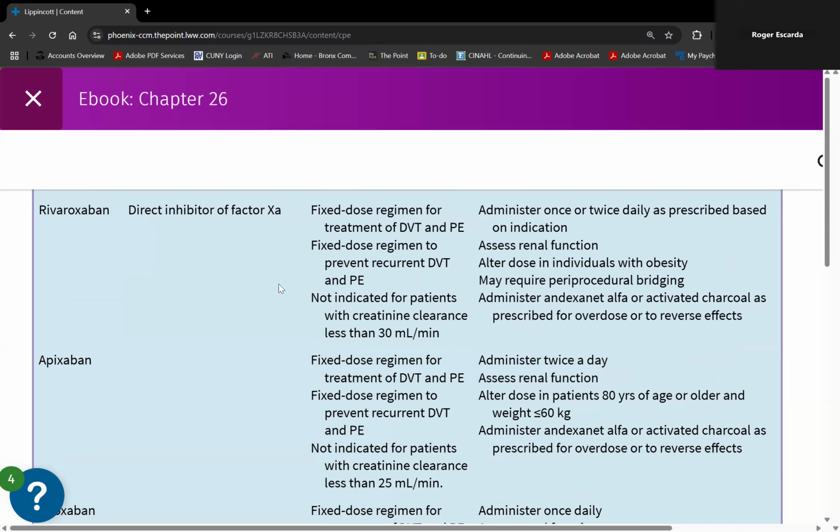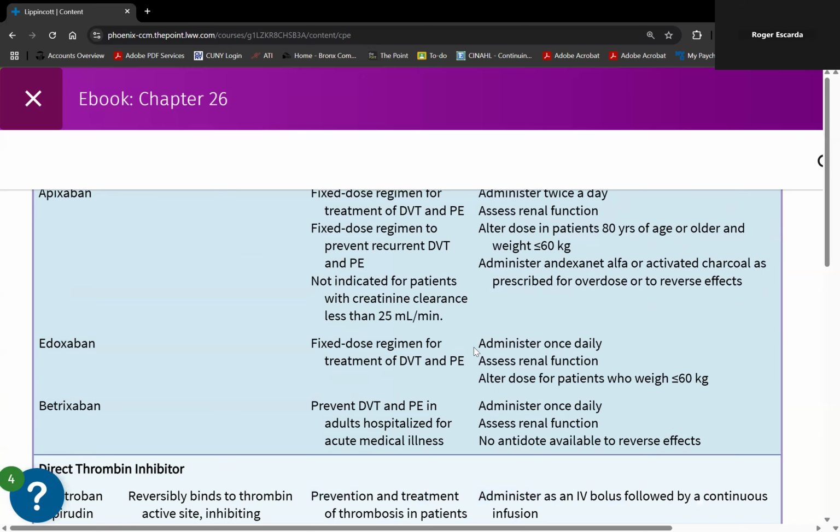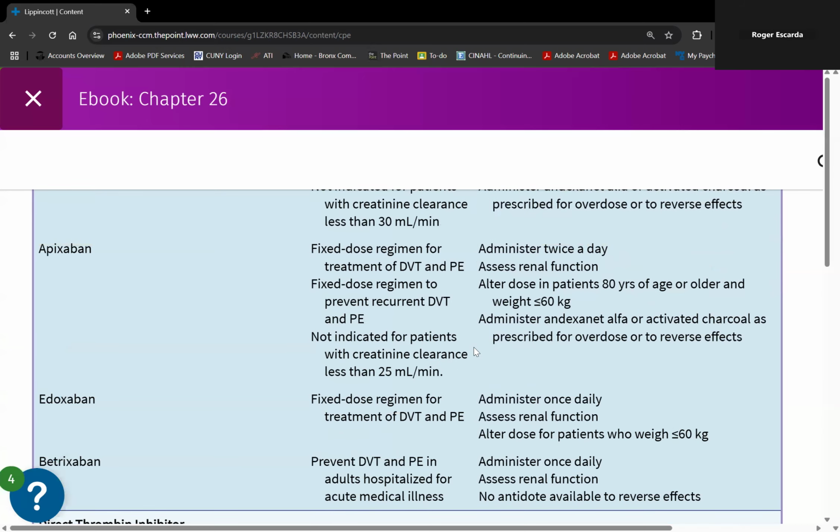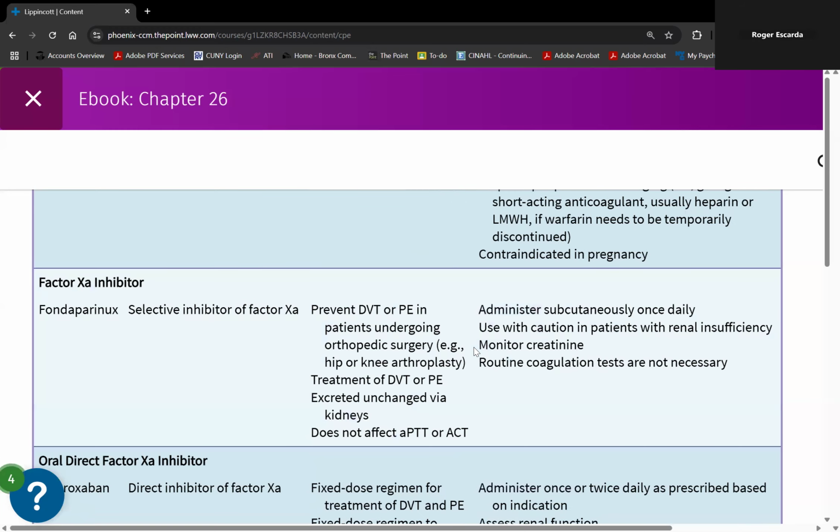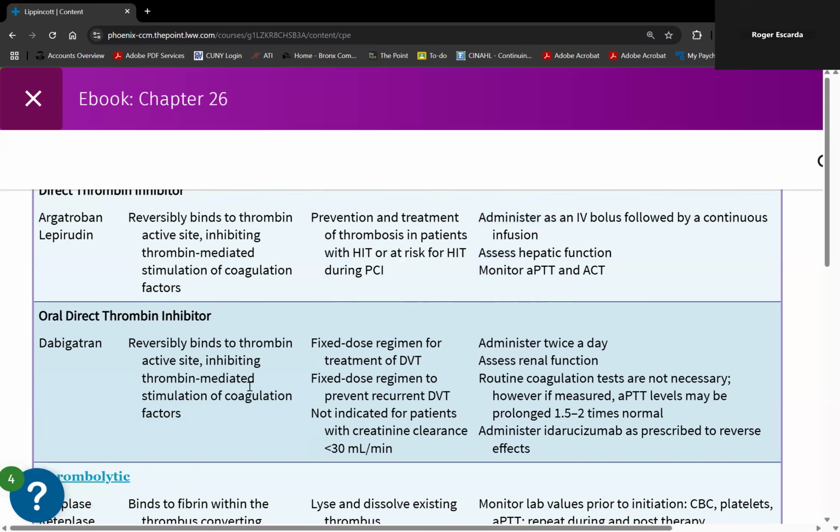What's the antidote for these? It's heparin. There's none, except one. Dabigatran, right here. This is the only one that has an antidote right here. Idarucizumab. Oh, I see.